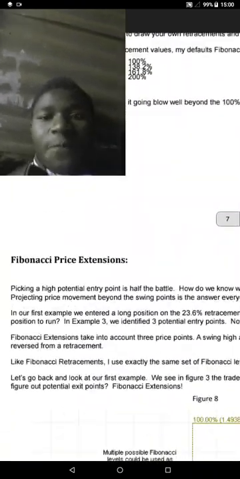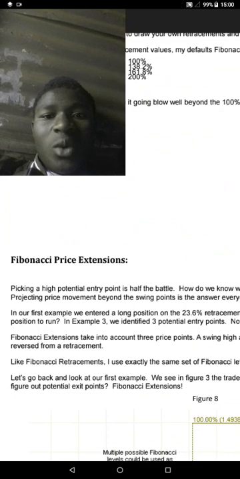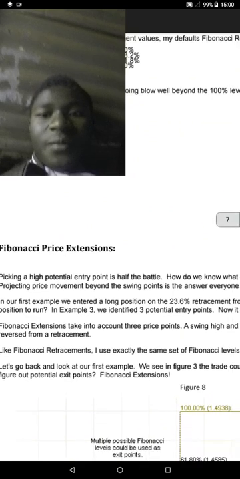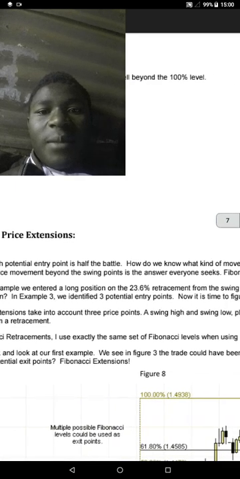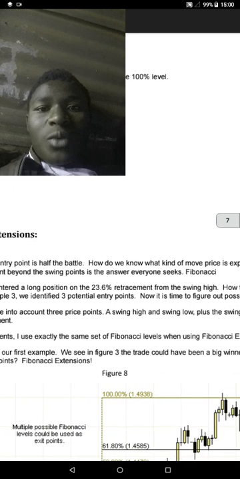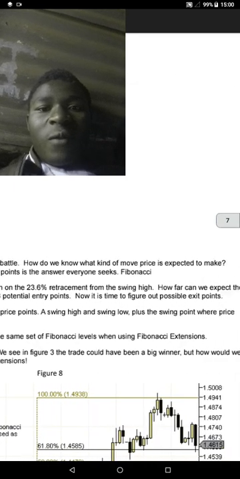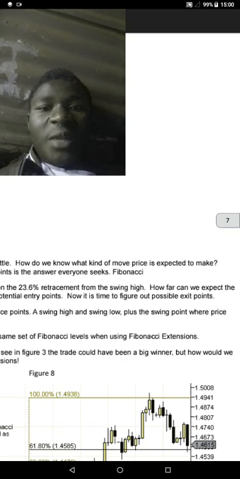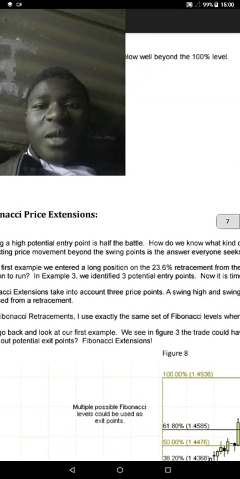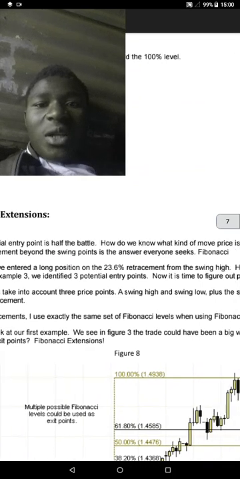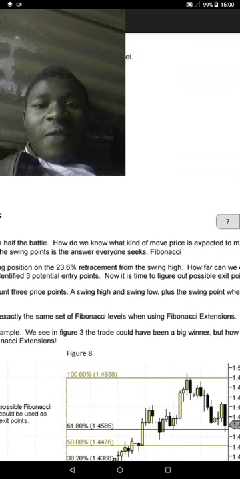Okay, guys, we have a Fibonacci price extension. Picking a highly profitable entry point is half the battle. How do we know what kind of move price is expected to make? Projecting a price movement beyond the swing point is the answer everyone seeks.